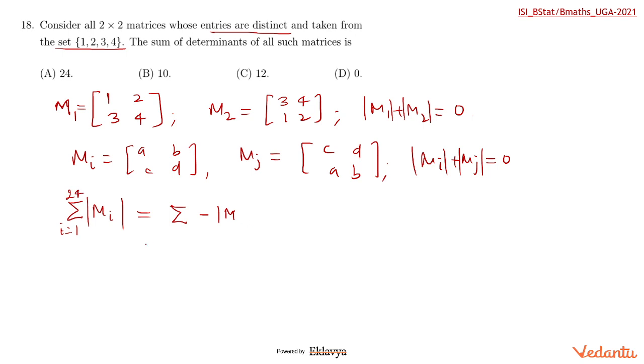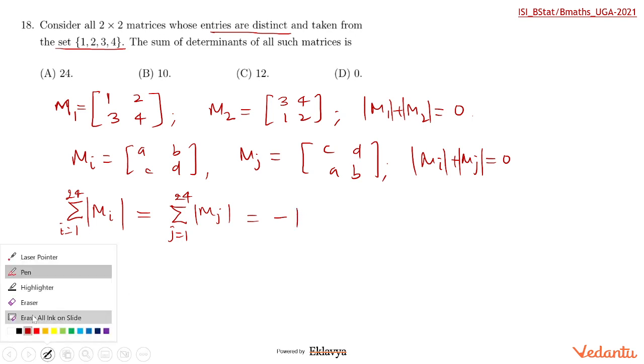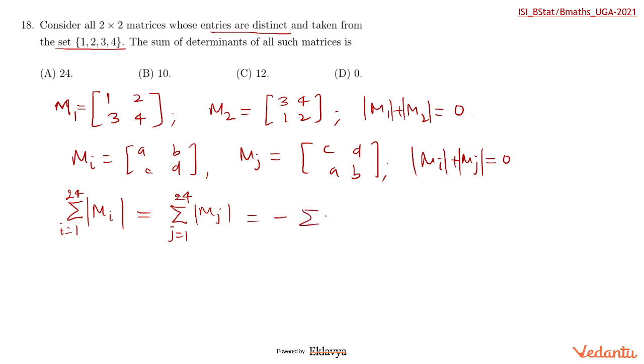And this is same as sigma of determinant j from 1 to 24 ऐसे ही है, Mj, but Mj is minus of Mi. या मैं 12 का जो pair कह रहा था वो भी इस तरह से हो सकते हो आप, minus of Mi, i from 1 to 24. So यहाँ से जो sum है S, ये minus S आ जाएगा यहाँ से.